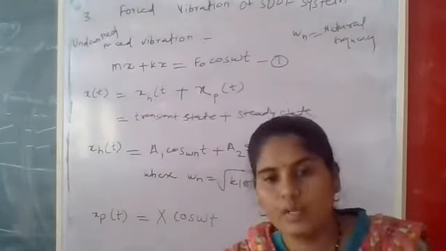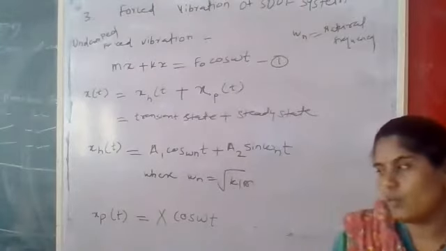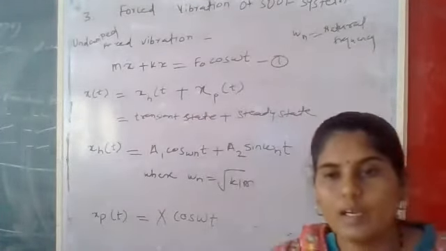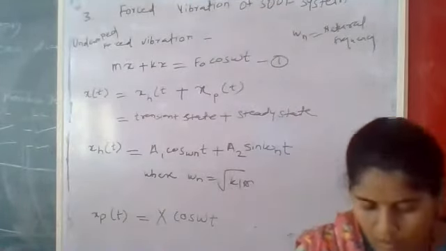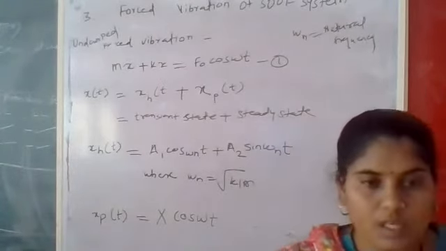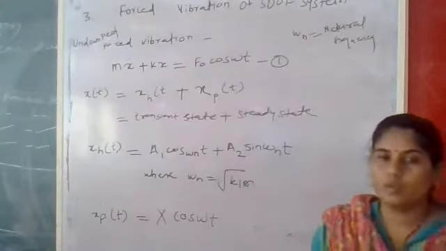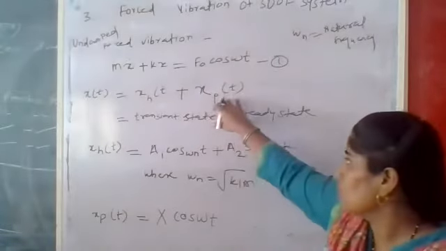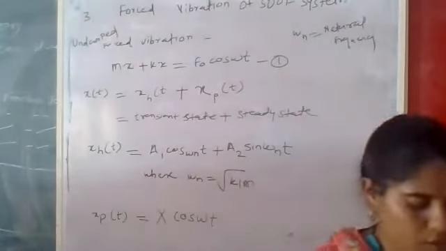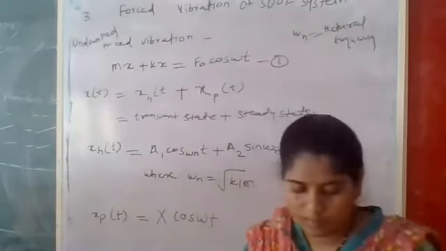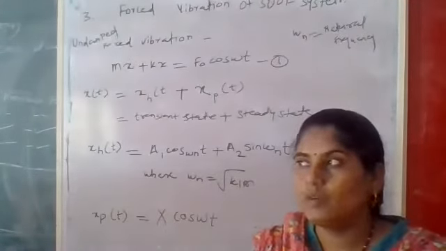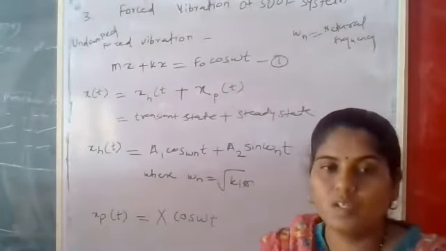Because of excitation force, all of you write down, because of excitation force f naught cos omega t, which is harmonic, the particular solution xp of t is also harmonic and has the same frequency omega.